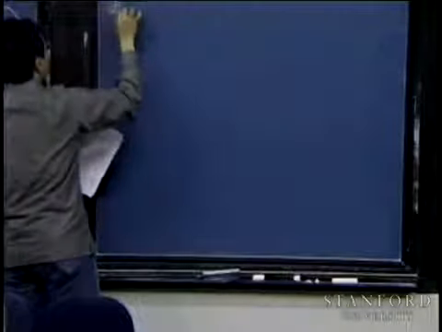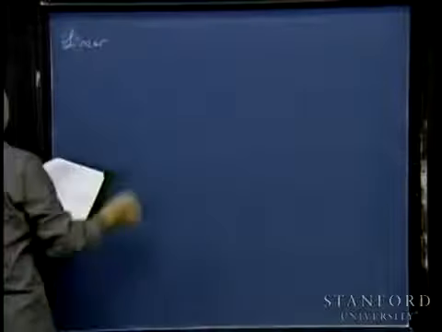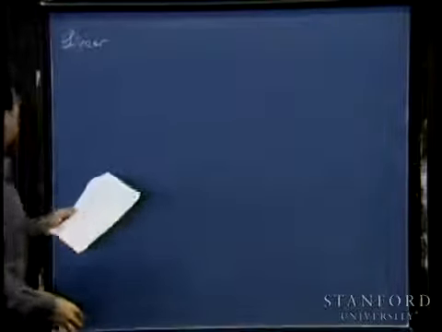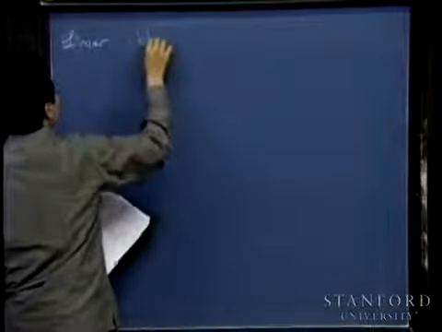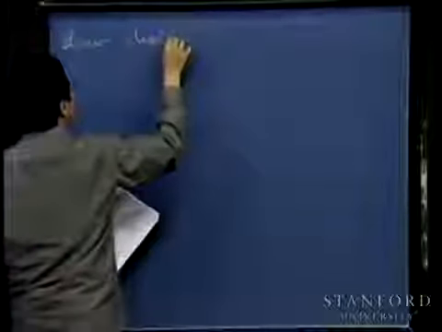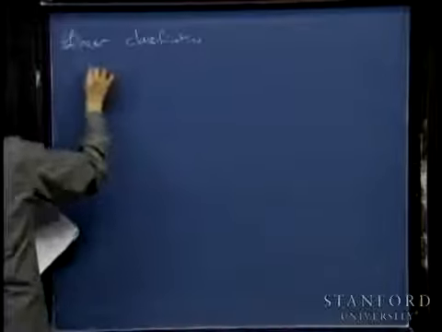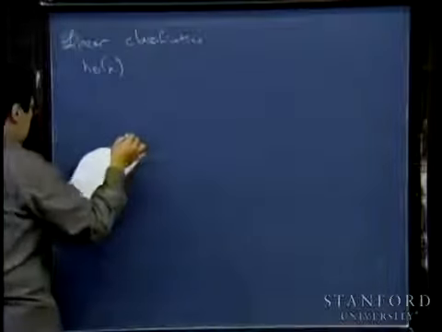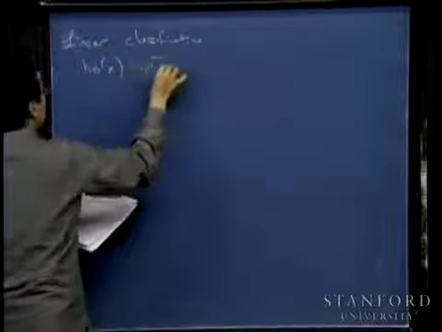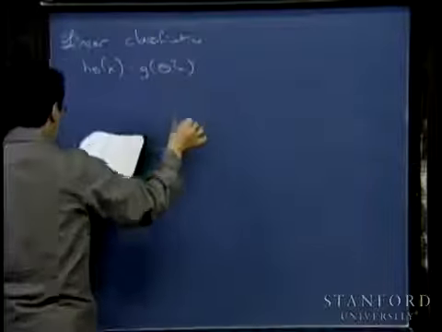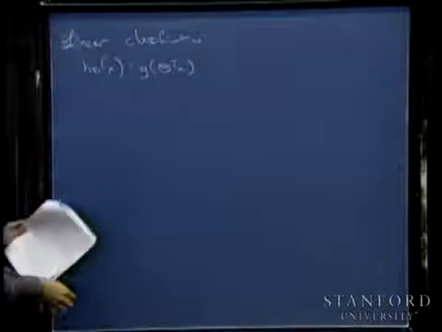As a motivating example for our initial foray into learning theory, I want to talk about linear classification, in which h of x is equal to g of theta transpose x. So, the linear classifier.